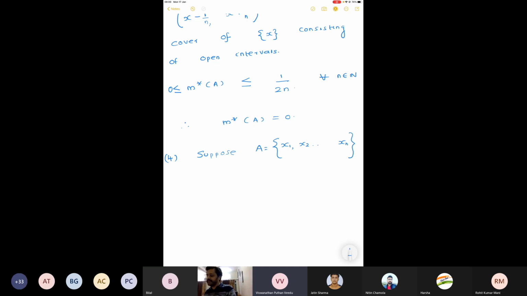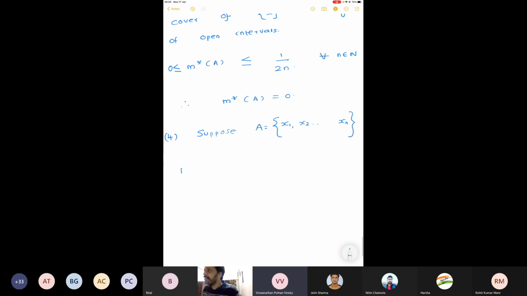So let us define a sequence In, n belongs to N, of open intervals. This union In, if you take, it should cover A, and each In should be open.